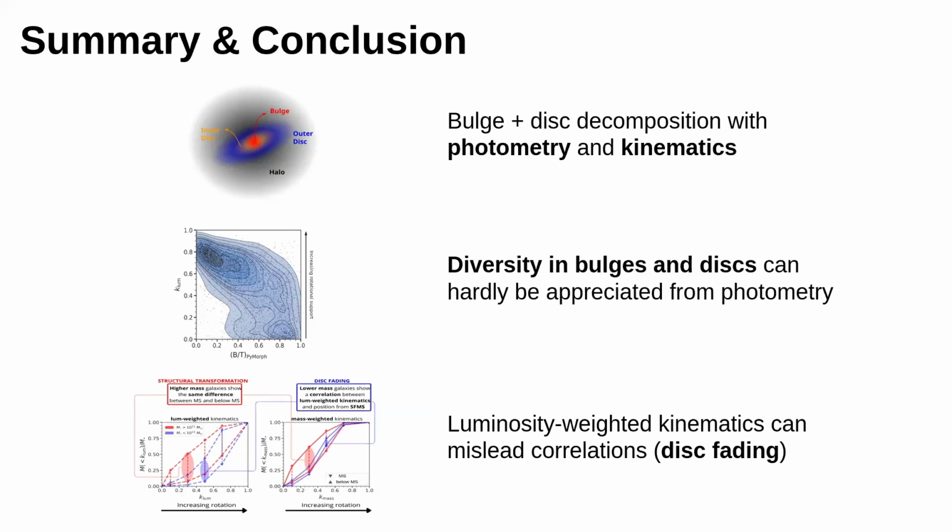So I don't know if this answers the question, but I think that from high redshift, we are going toward the direction of a universe which is dominated by, let's say, gentle processes somehow.